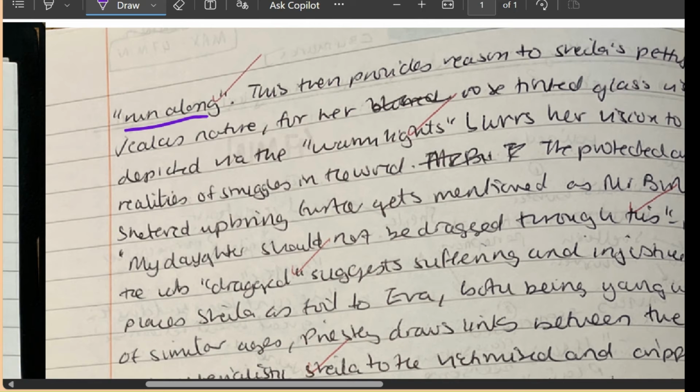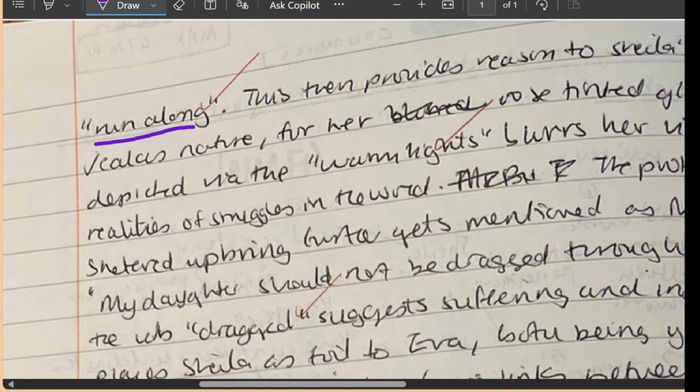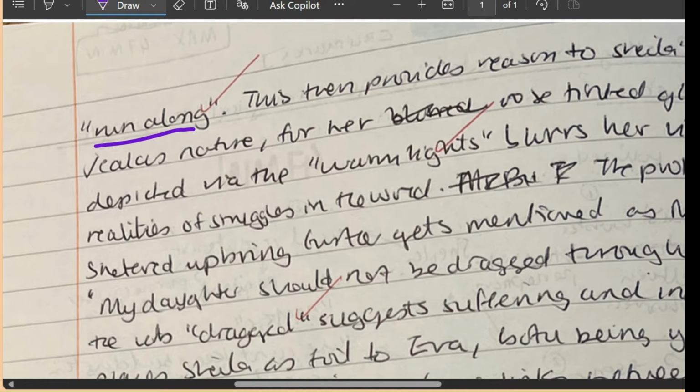So why I said that is because run along is a parental remark that would be said to young children. And the fact that they've said this to a woman who's going to be engaged is very patronizing. So it's one of Priestley's more discreet mechanisms where he really does highlight the irony of the situation.